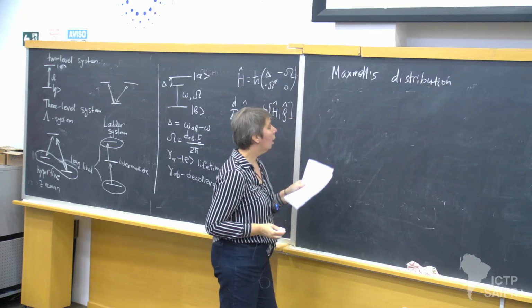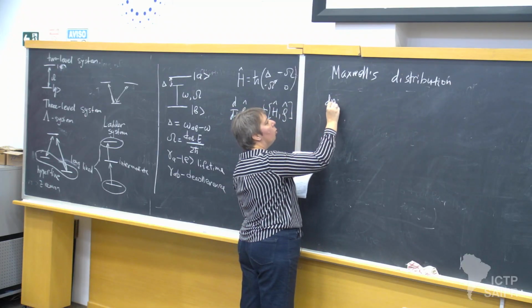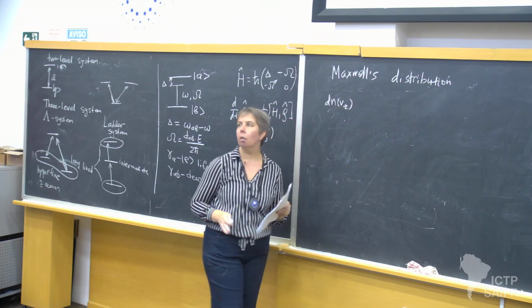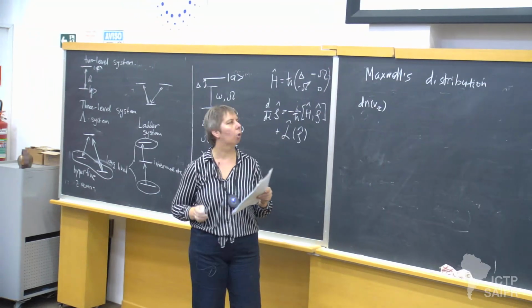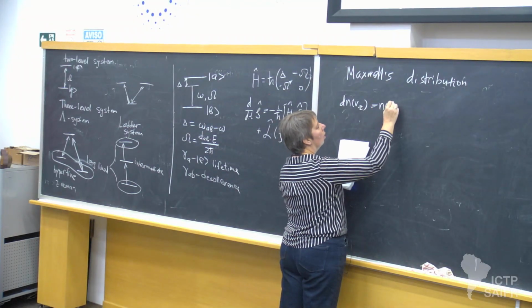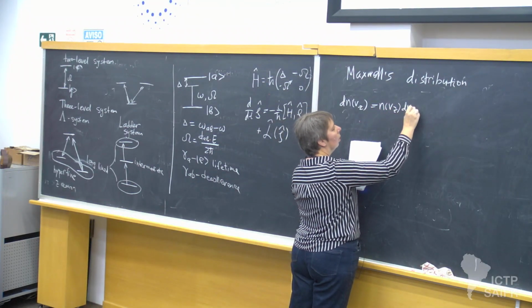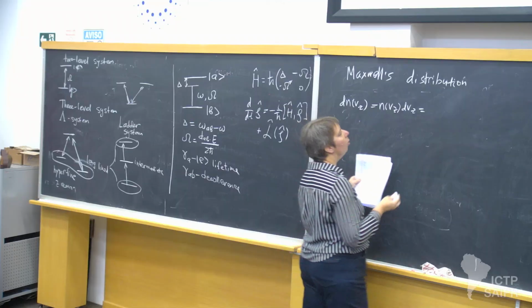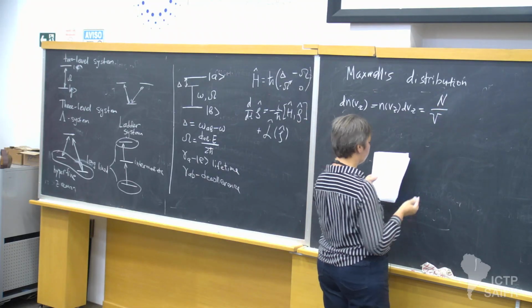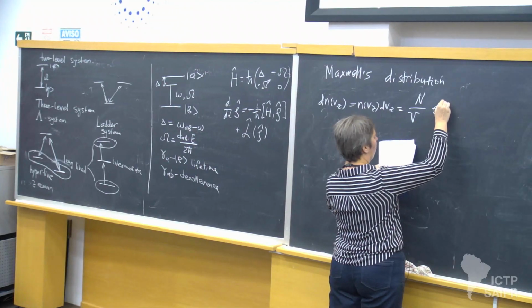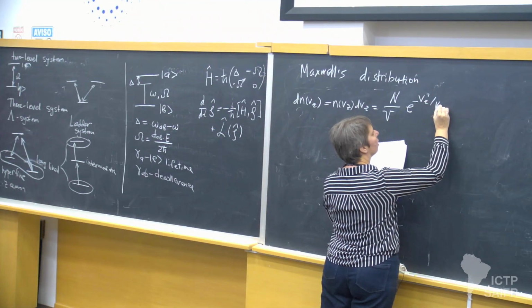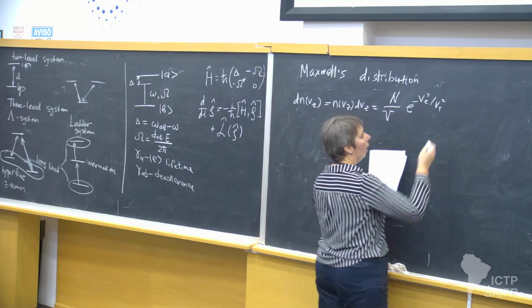Okay? So that means that if we want to know how many atoms move with a given velocity, we really only care about the motion along the laser beam. We can calculate that as the total number of atoms divided by the volume of our sample, e to the minus Vz squared over the Doppler velocity squared, Vt, and some normalization.